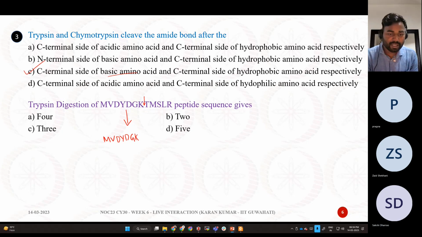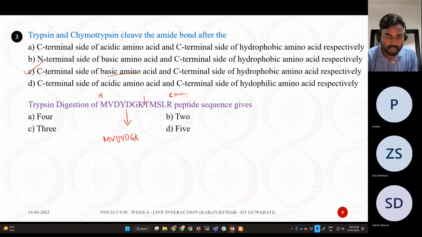If the protein is written here, we already know the left hand side is which terminal, C terminal or N terminal? N terminus. So on the left hand side you will have the N terminal, and on the right hand side you will have the C terminus.